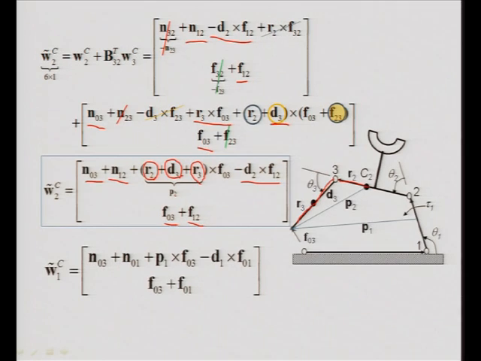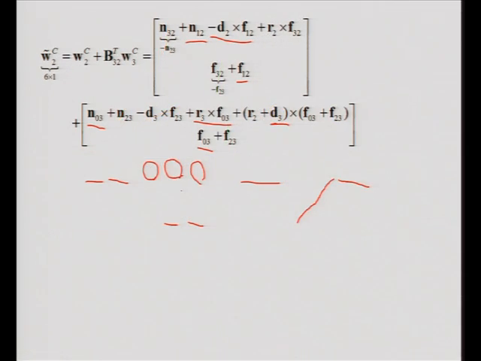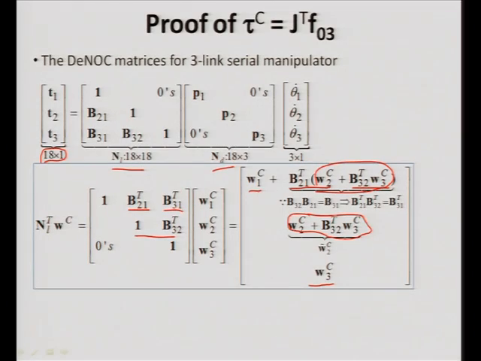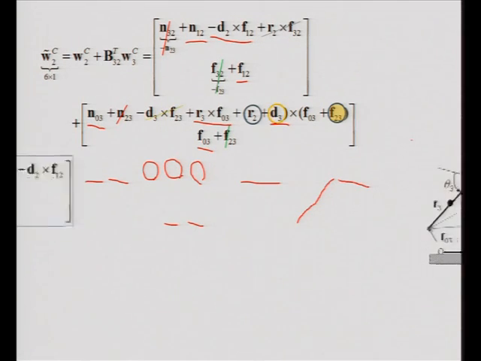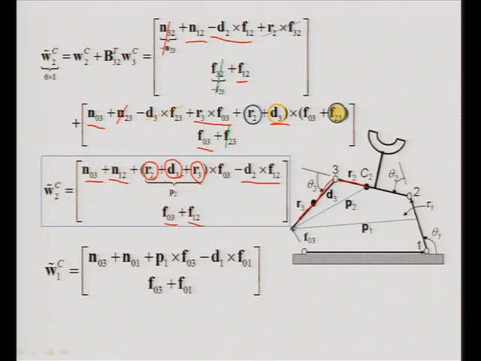If you proceed now with the calculation as we have seen in the previous slide, that W 1 C tilde, if I give this name, the whole term here, if I give this as a small W 1 C tilde, then I can calculate that expression in a similar manner to the above expression as n 03, n 01.